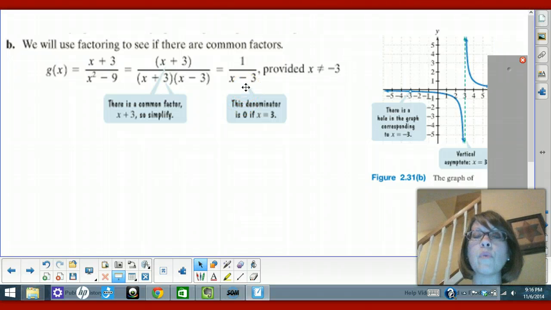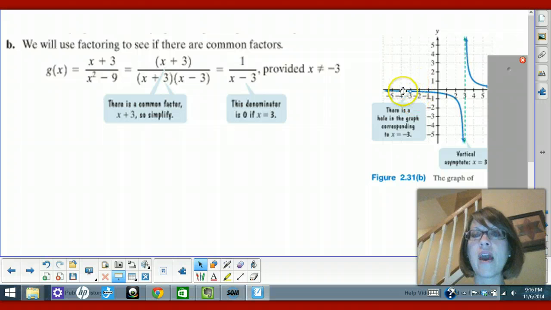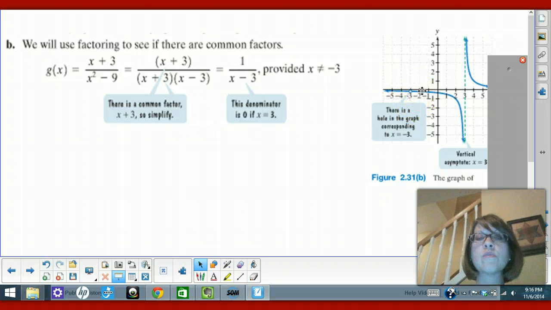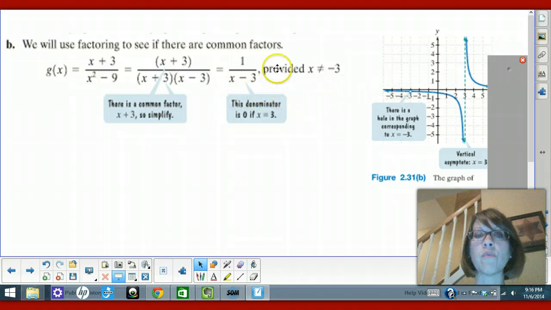So what we have when we graph g of x, the function we started with, is we have the vertical asymptote where x is equal to 3, but where x is equal to -3, we actually have a hole. You probably didn't even see it the first time. That hole is where x is equal to -3, and it's actually where y is equal to -1/6.